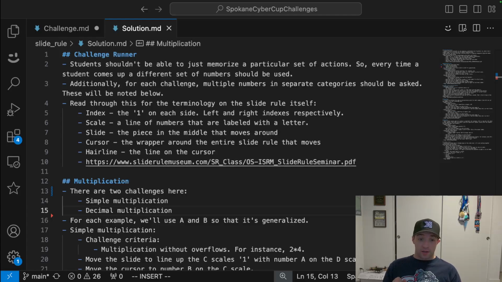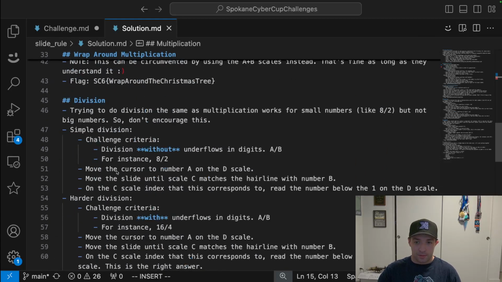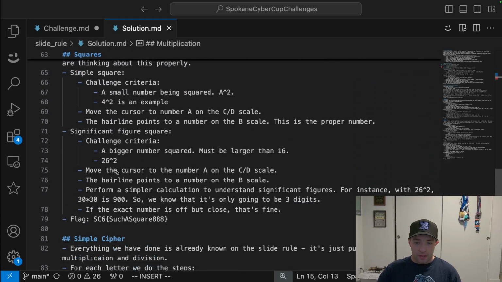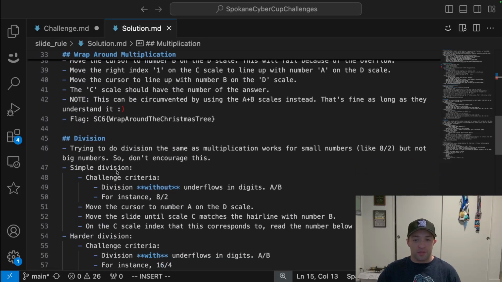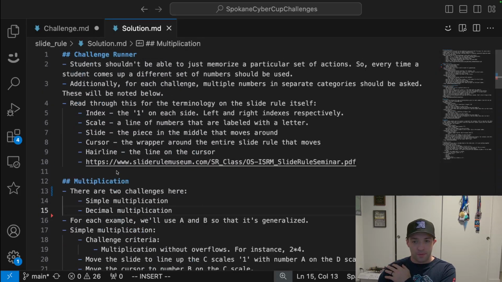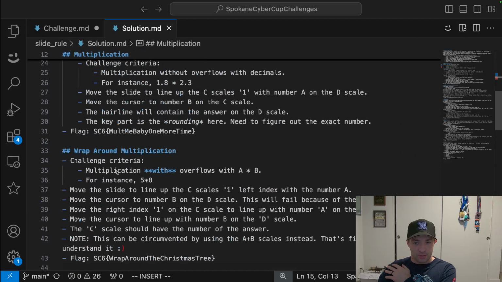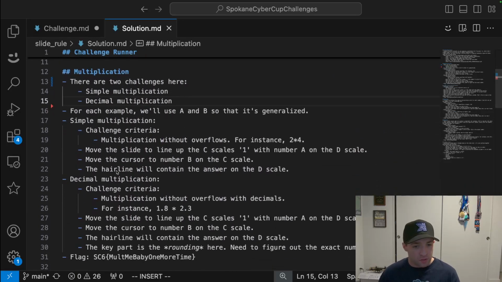So for every challenge that we have, there are three that need to be graded by you guys, and one that can just be done by the people separately. So there's multiplication, wraparound multiplication, and division. As a coach, it is your responsibility to give the student numbers that fall into the proper range.